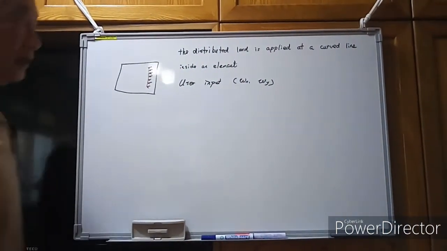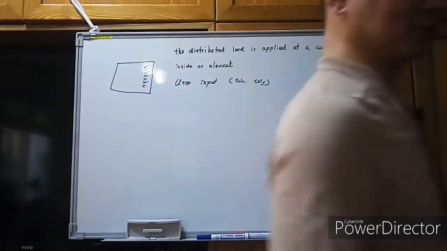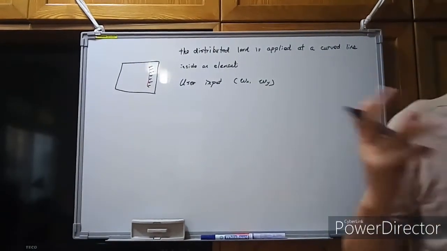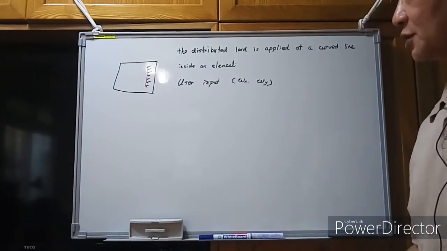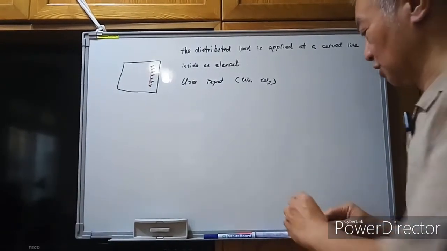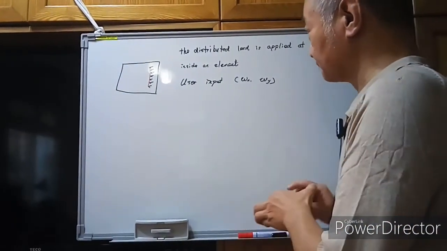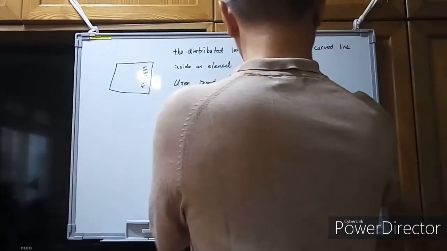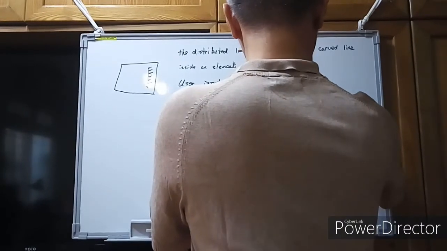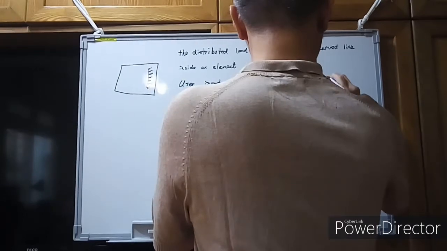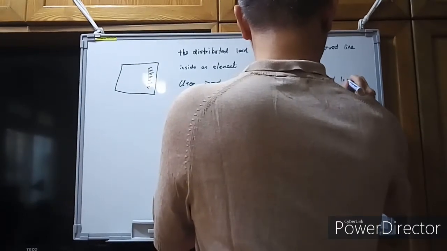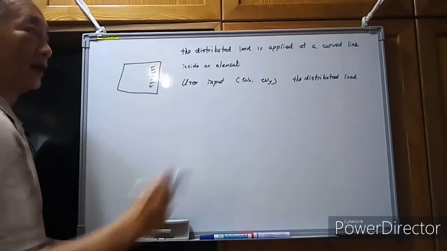and then you can ask the user how can a user describe this curve line. That's the distributed loading, that's the Wx and Wy.